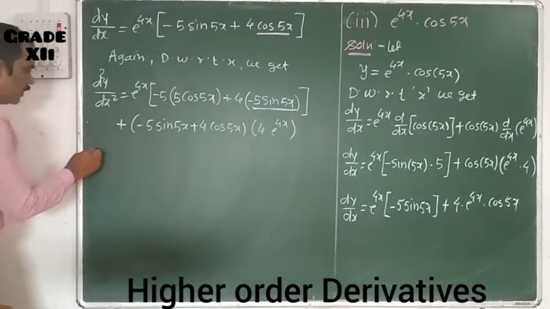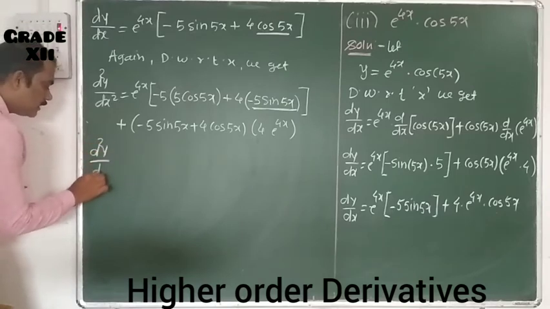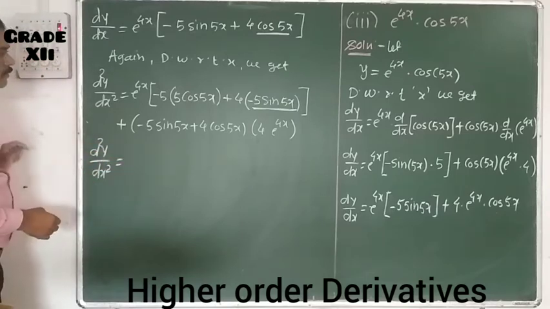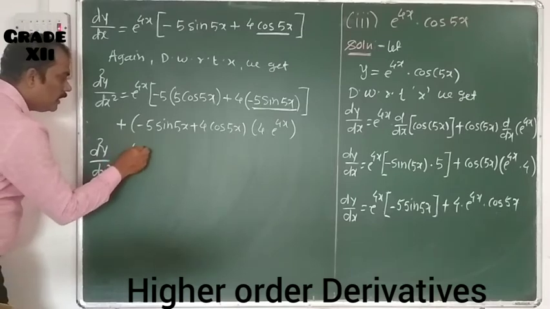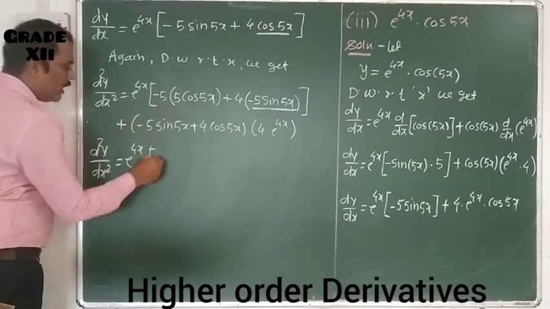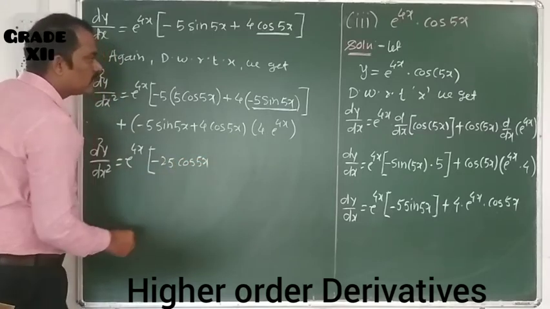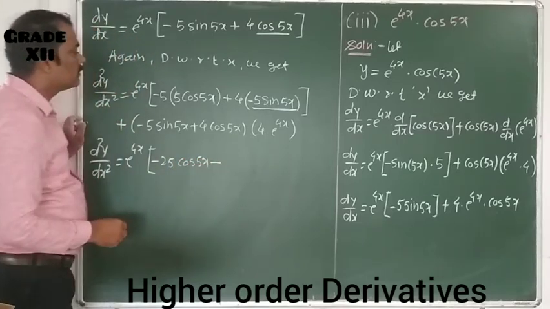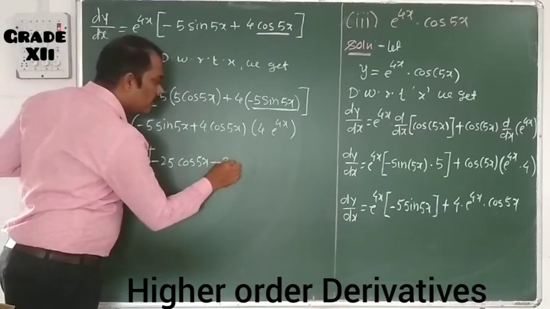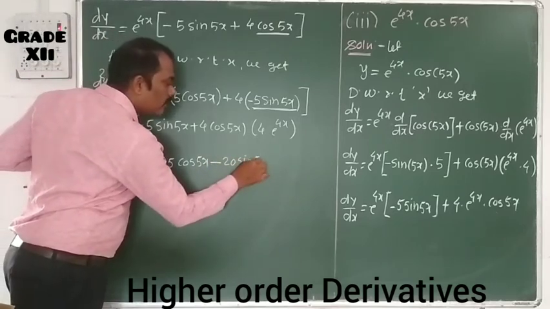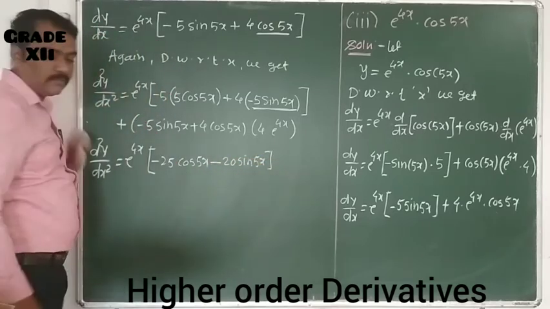So what you have to get, d2y by dx square is equal to e raised to 4x into minus 25 cos of 5x minus 20 sin of 5x. This one is complete here.